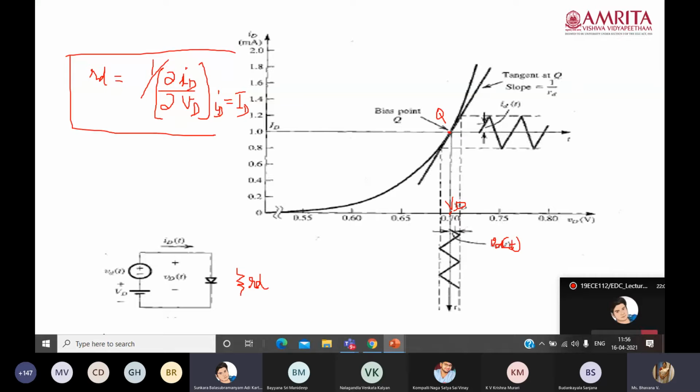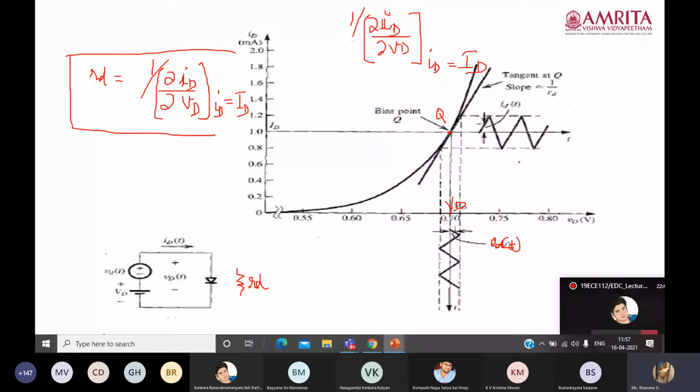No, this is the condition: 1 divided by dou Id by dou Vd, at the condition Id equal to capital Id at the Q point. Did you understand? This is not multiplication. You may take that down.